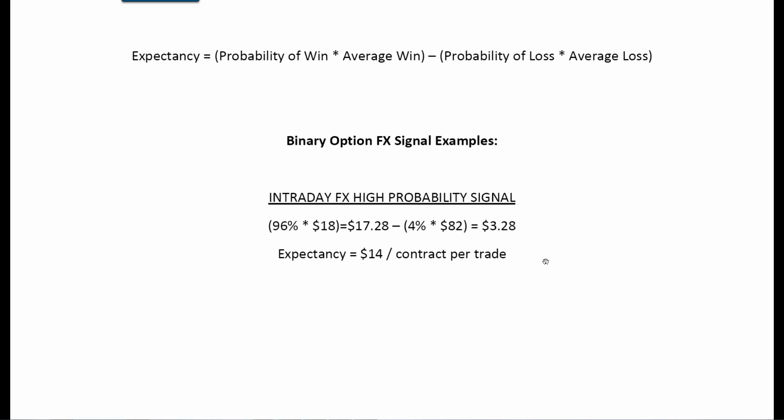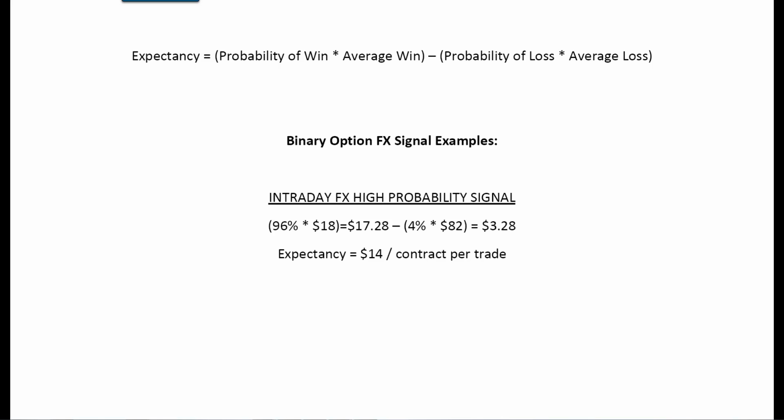So when you look at taking a signal, or you look at entering a trade with a strategy, it's not really what the win rate's going to be, or if that trade's going to win. We don't know if it's going to win. We expect it to win. That's why we enter the trades. We also expect that once in a great while we're going to take a loss, but we don't know what's going to happen after we enter that order.